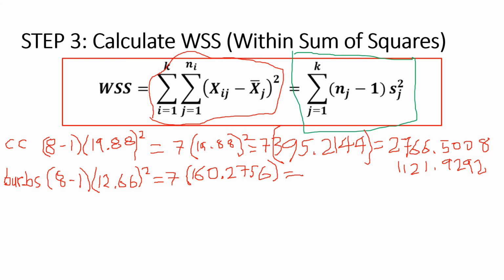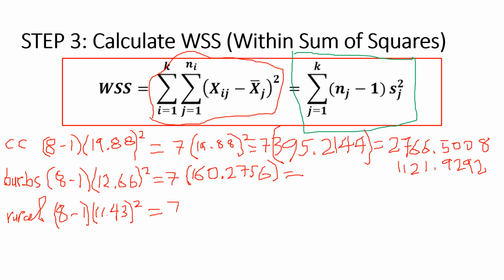So we've got Central City, we've got the suburbs, and then we have rural. Okay, so 8 minus 1, and our standard deviation for the rural was 11.43, it looks like. 11.43 squared.